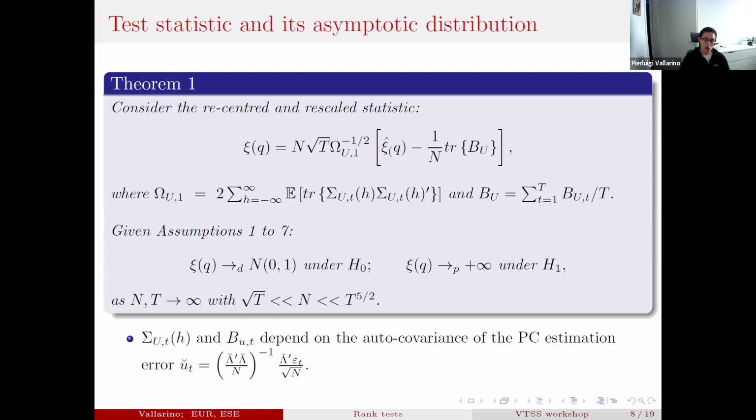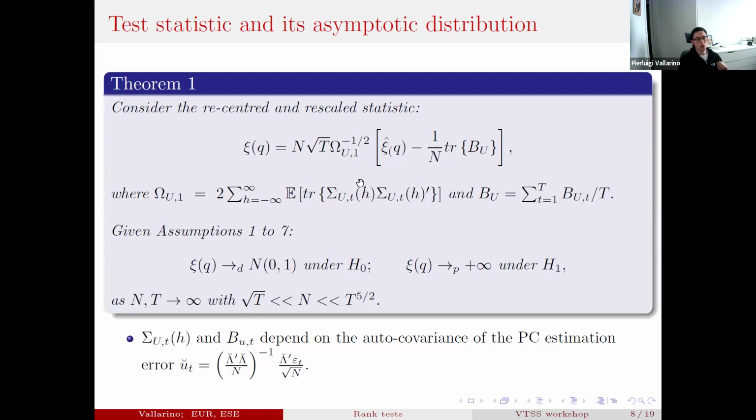We use a higher order asymptotic expansion based on this estimation error to construct expressions for this bias and for this variance, and then we employ central limit theorems and uniform laws of large numbers to derive the asymptotic distribution of this object here. And under 7 assumptions that we have in the appendix to these slides, we can show that under the null, we converge in distribution to a standard Gaussian, while under the alternative, we diverge in probability to plus infinity. And this holds jointly with respect to the sample sizes that are diverging to infinity.